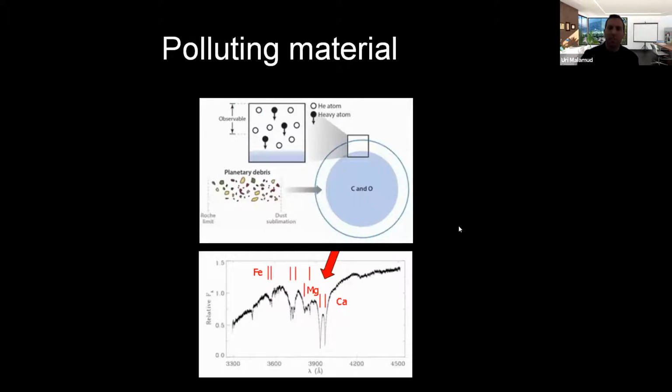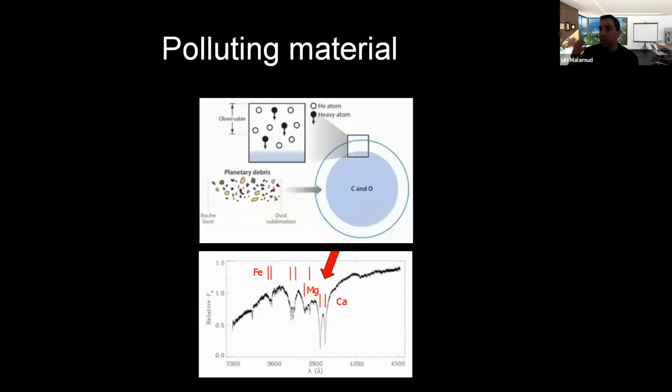So what happens is, if you have planetary debris, and we will talk about how these debris form and so on, but if you have planetary debris and they accrete on the white dwarf atmosphere, then you have all of these heavy elements in the atmosphere.